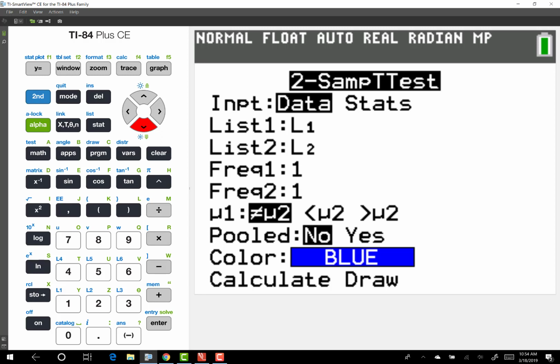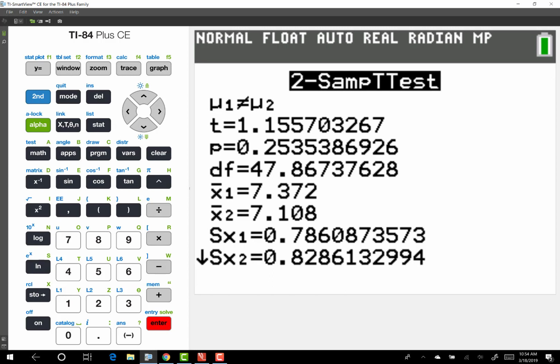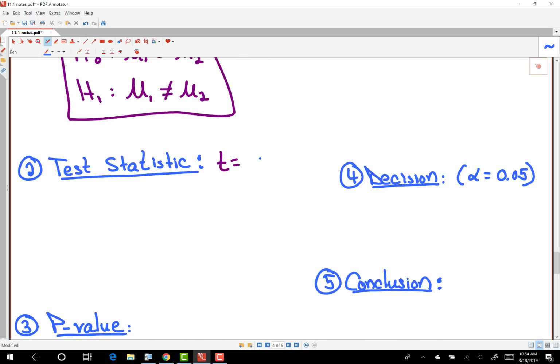So right here you should make this not equal and then calculate. And so from this output, we're just interested in the t and the p value. So t is 1.16.